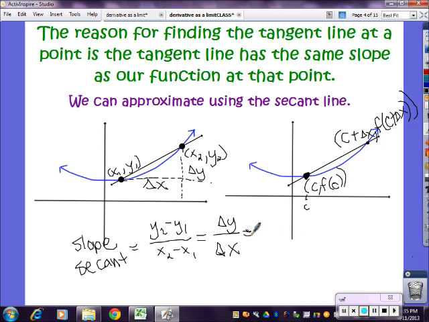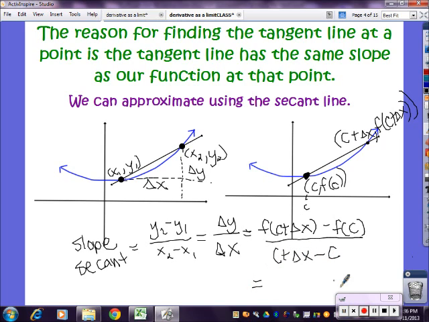So with this notation, the slope becomes y2 minus y1, which is f of c plus delta x minus f of c, over x2 minus x1, which would be c plus delta x minus c. And look what happened, c minus c.